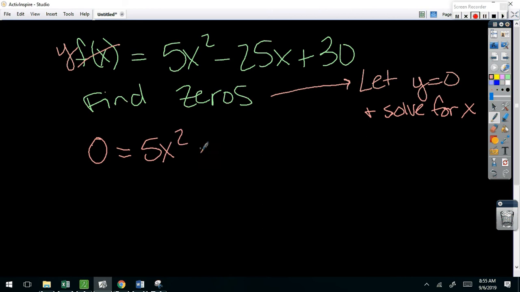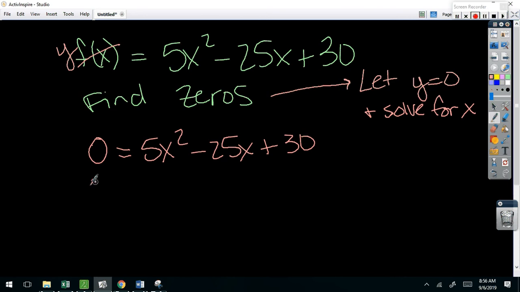And then you solve it. Well, how do you solve that? Factor it. Factor and solve. But Monday we're going to be graphing the quadratics, so I wanted you to really understand what it is that we're doing here. All right, so how do I factor that?